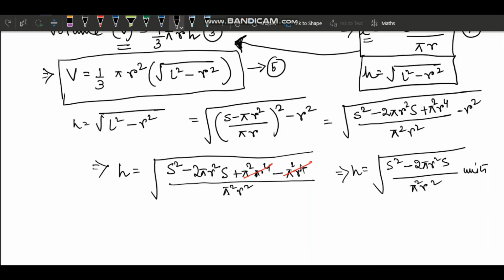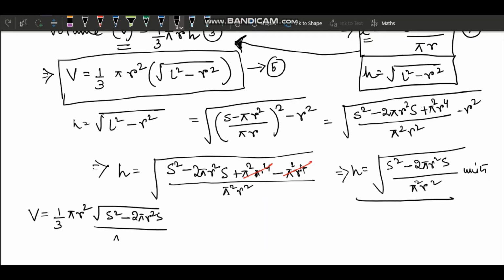Now substituting for h, we have a simplified form for v only in terms of r. So it is v equals 1 by 3 pi r square, and in place of h we are writing root over of a square minus 2 pi r square s by pi r.